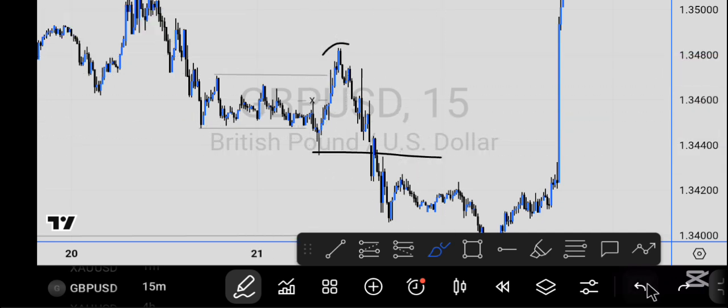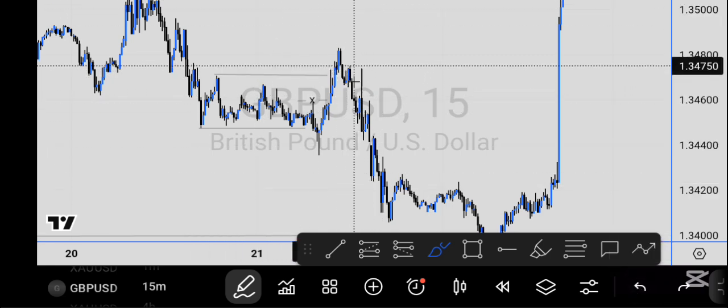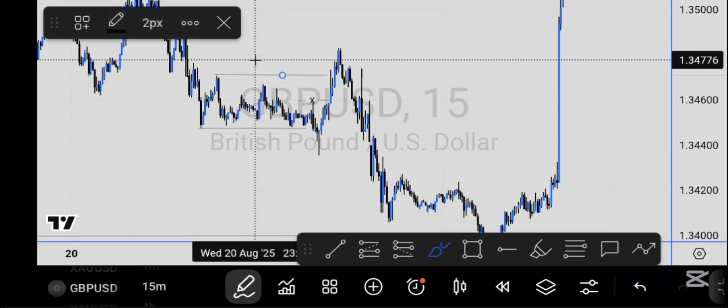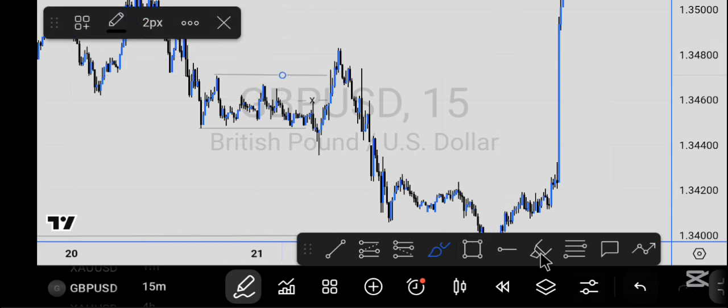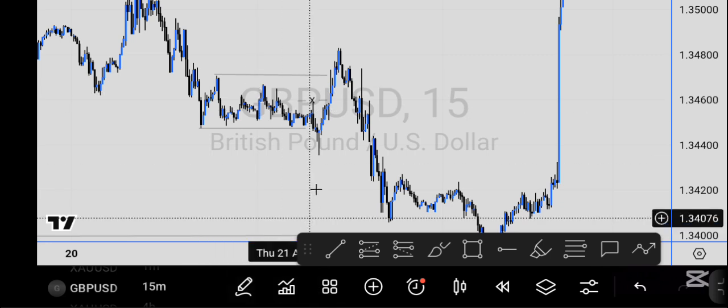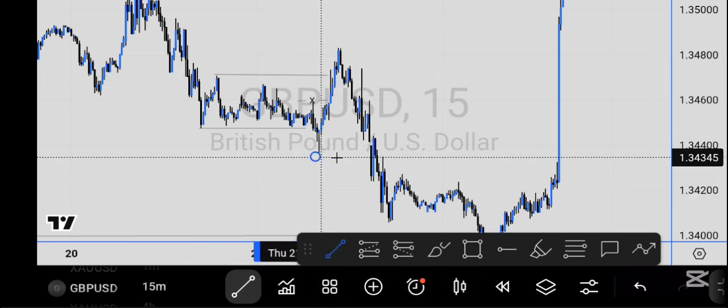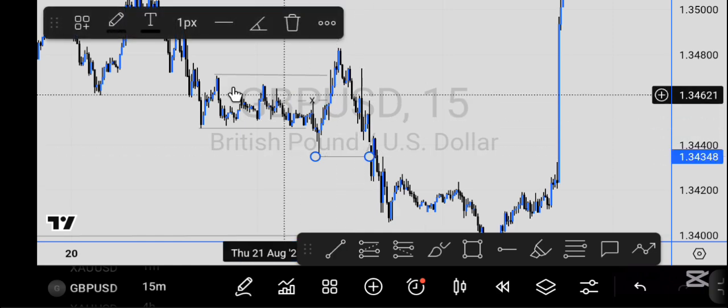So I'm not sure, I think I posted it. I took a sell around here, then to this area on Thursday. So let's see our liquidity here. Then that means we have a valid break of structure right here.